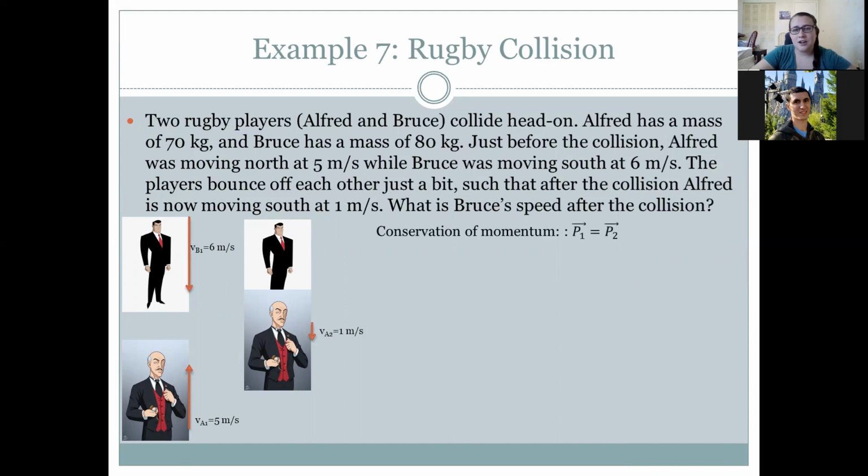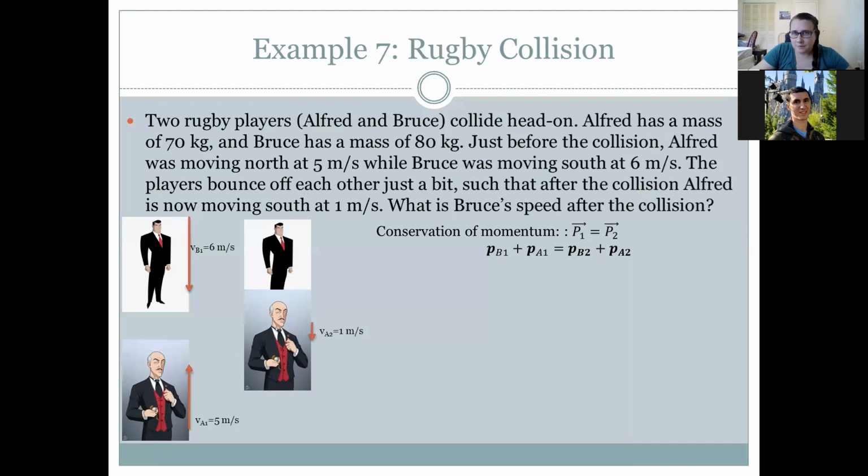Again, conservation of momentum is in play here. So initial momentum equals final momentum. So initially, both of our people are moving, so they both have an initial momentum. And at the end, both of them, we think, are moving.